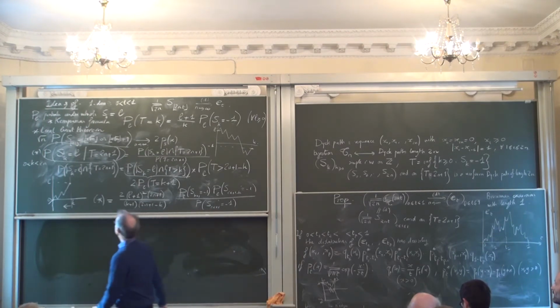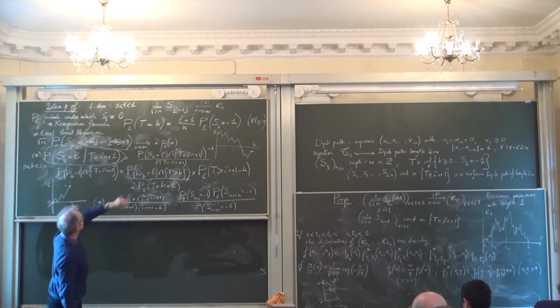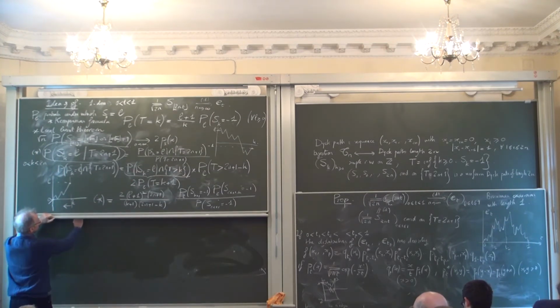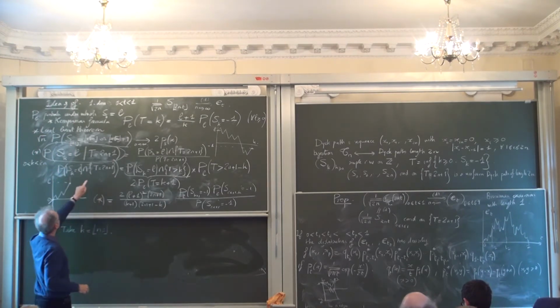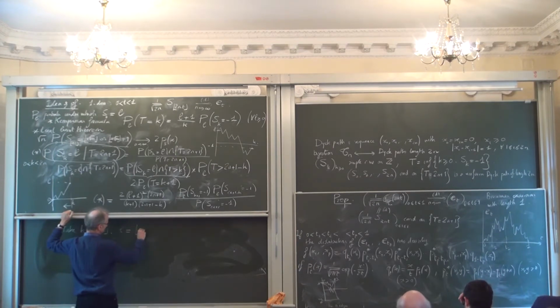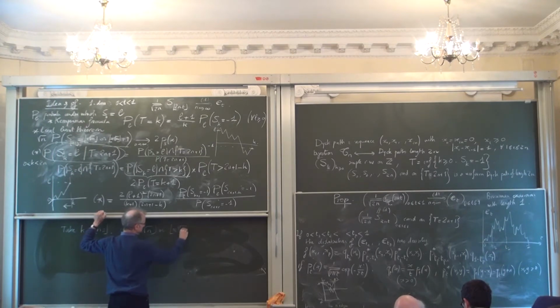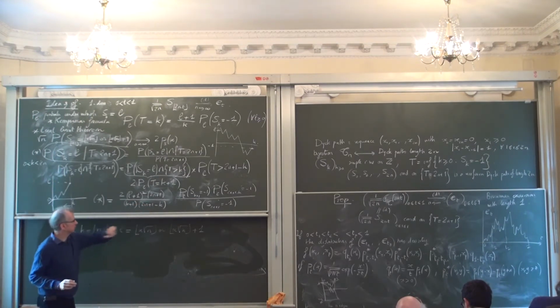What you do, well, now you use the scaling, okay? So you take k equals the integer part of ns, and you take L equals x square root of n, or x square root of n plus 1. There is always this parity issue. And you substitute these values here in this object.